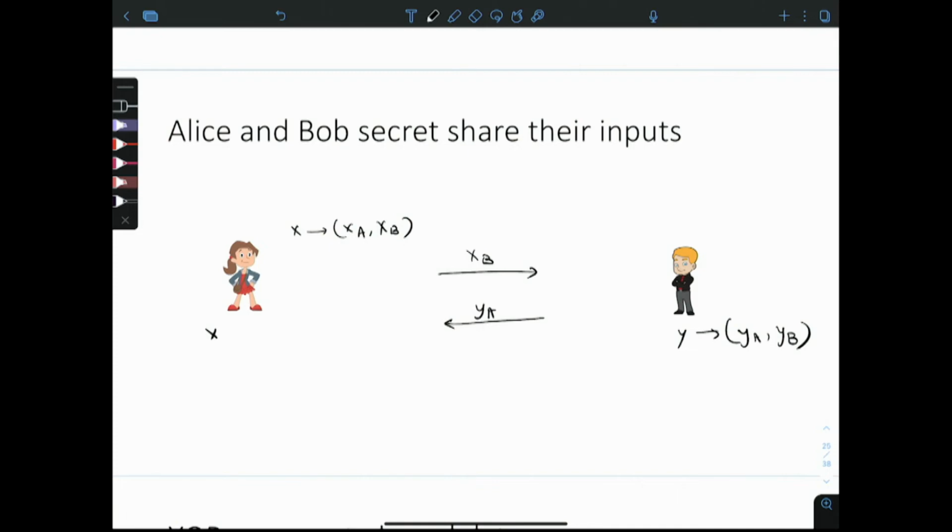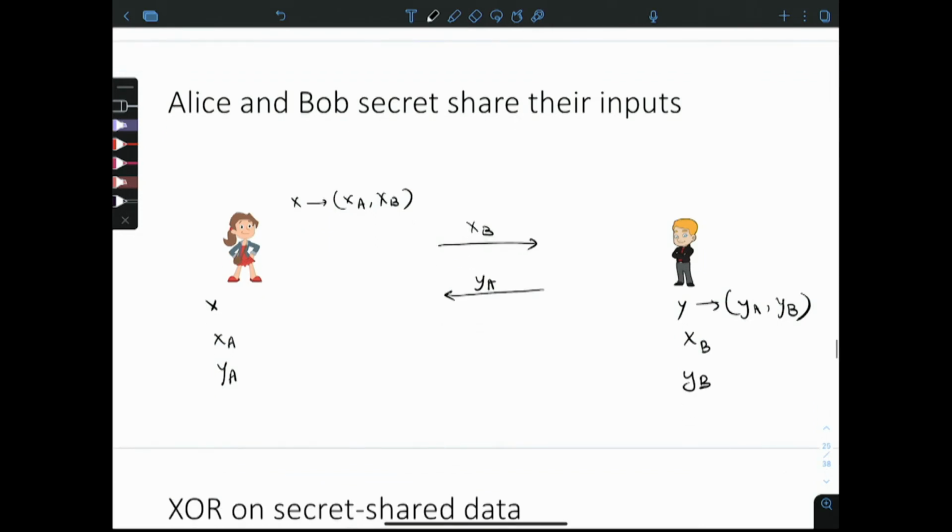By subscript A, I'm denoting the shares that go to Alice. So at the end of this, Alice has share XA of her input and YA of Bob's input. And Bob has share XB of Alice's input and YB of his own input. So let's just remind everyone that Bob's input is Y and Alice's input is X.